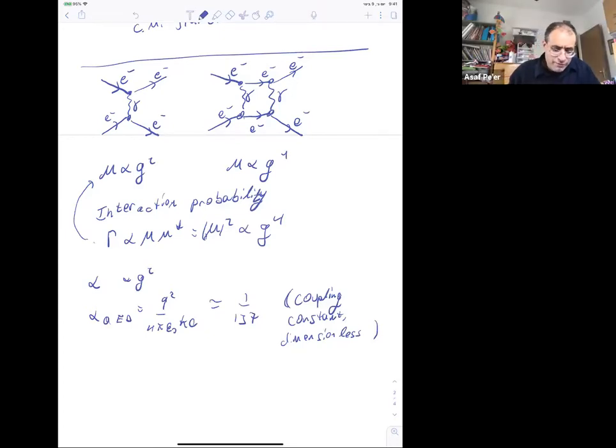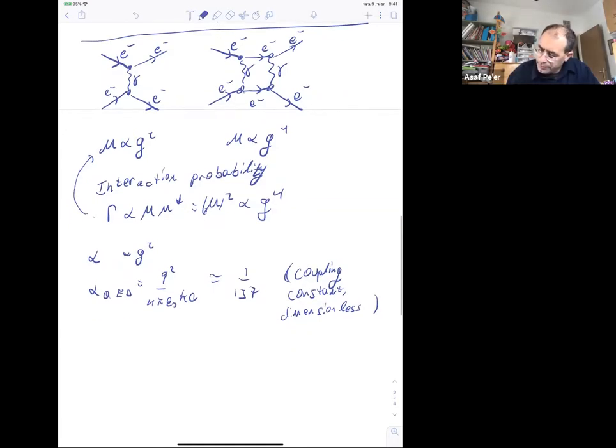It also works okay for the weak interactions, although the weak interaction coupling constant is larger. But since in the weak interaction we have to produce massive particles, the gauge bosons, the W plus minus or the Z, and they are very massive, of the order of 90 GeV, then the probabilities decrease according to the mass, so it is going to be very weak.